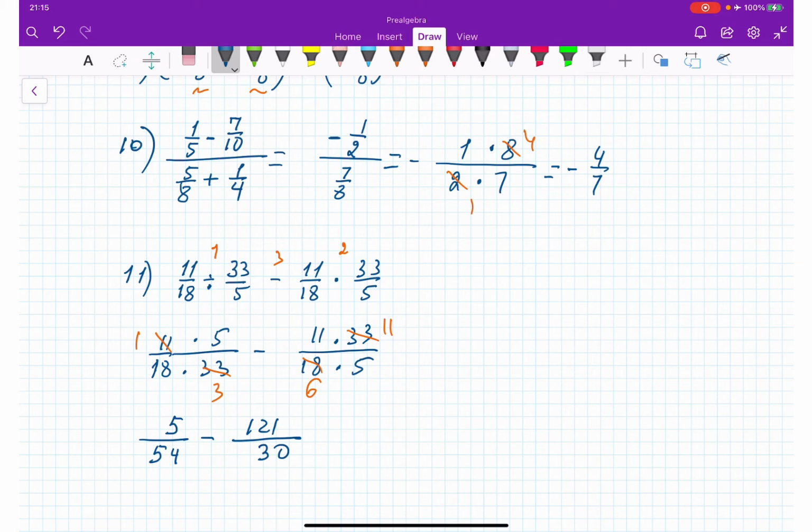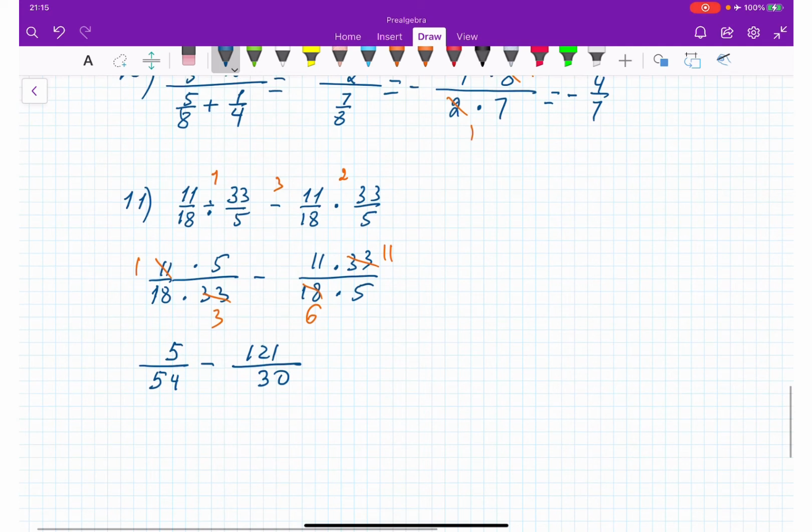All right, so the common denominator is going to be 270, which means 54 I have to multiply by 5 times. Therefore, here is also 5 times. Next, minus 121 over 30.